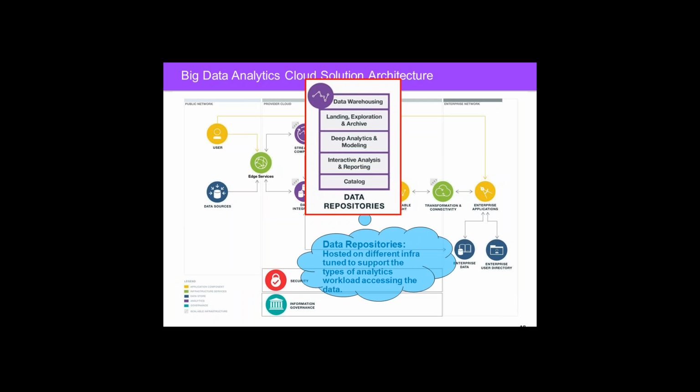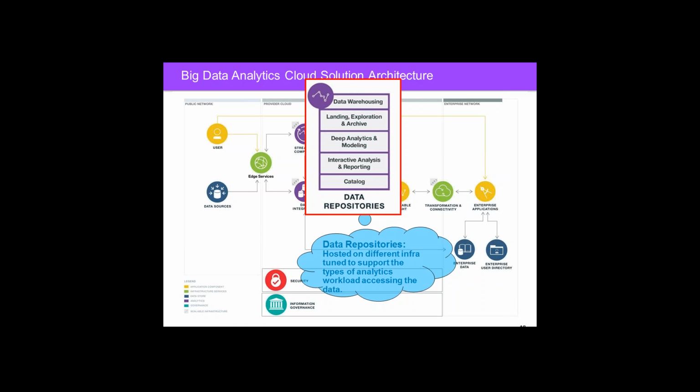The landing, exploration, or archive zone is also typically one of the key use cases for Hadoop, which emerged out of Google's paper on MapReduce in 2006, which really allows you to store both structured and unstructured information cheaply over commodity hardware that's scaled horizontally in an approximately linear fashion. And due to its nature of keeping multiple copies of the data by default, you may wish to use that as an archive for your data as well.